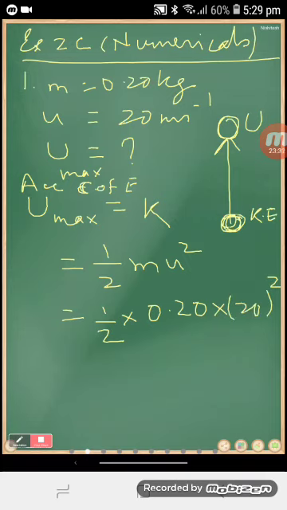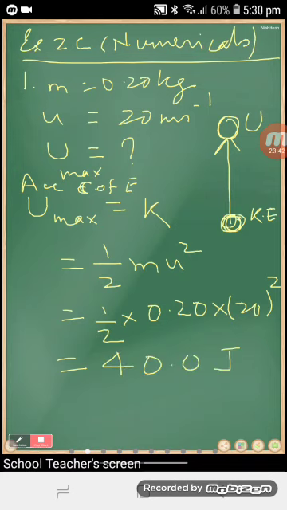This comes out to be 400, and this will be 0.1. So 400 into 0.1 will be 40.0. The energy unit is joules. It comes out to be 40 joules. I hope this is clear to all of you.